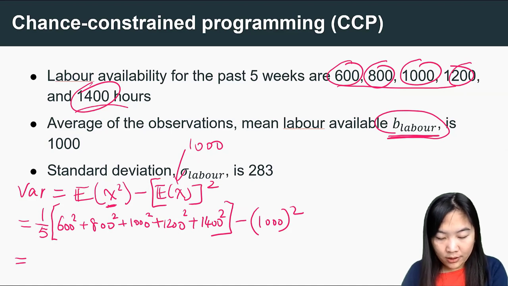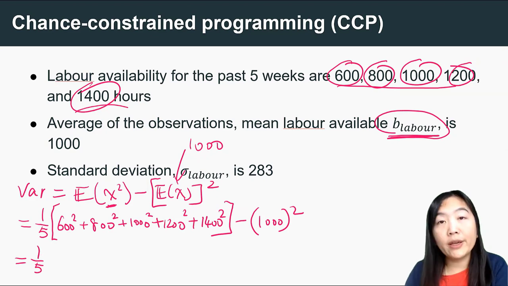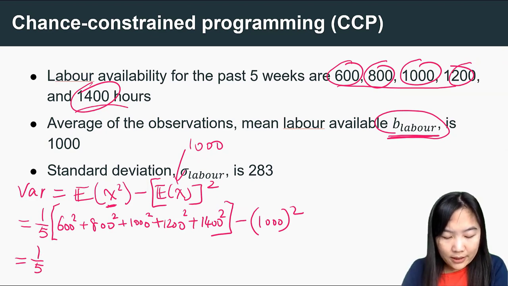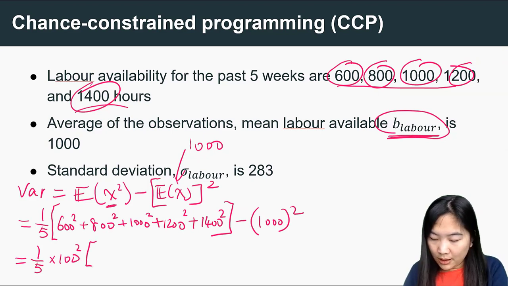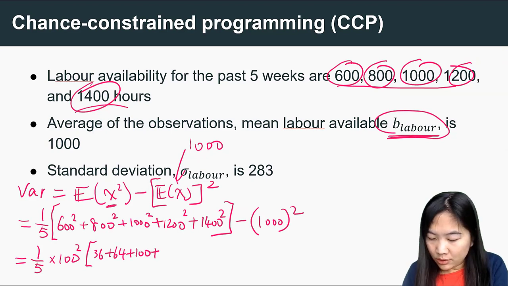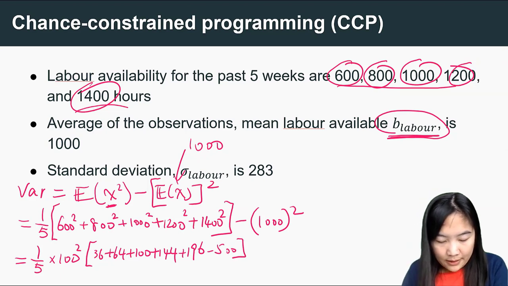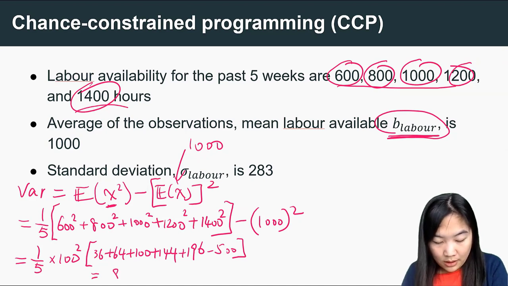I'm not going to go into details, but I will do the calculations really quick, and you should practice this yourself. This is equal to 36 plus 64 plus 100 plus 144 plus 196, and then I'm going to minus 500 here.